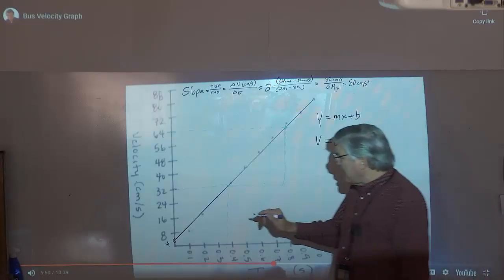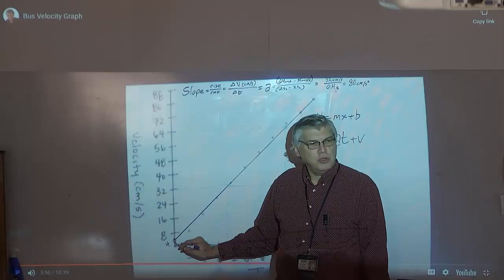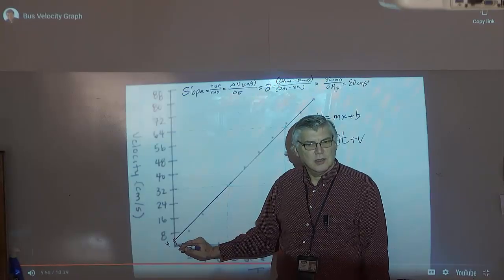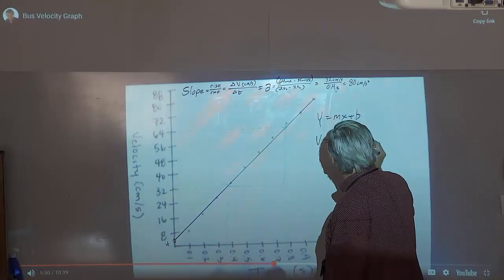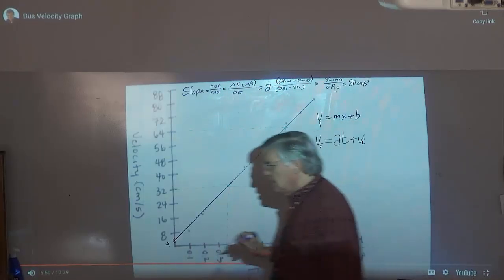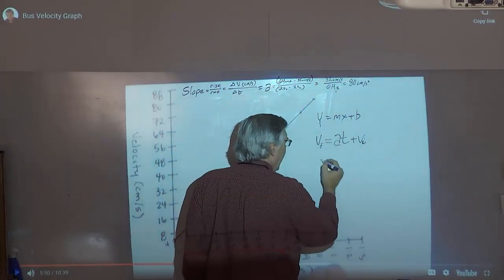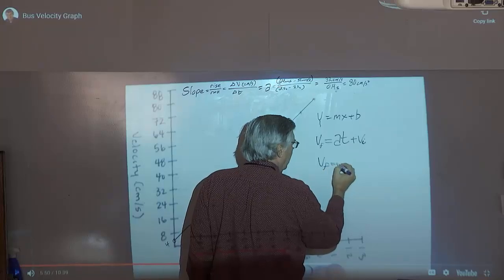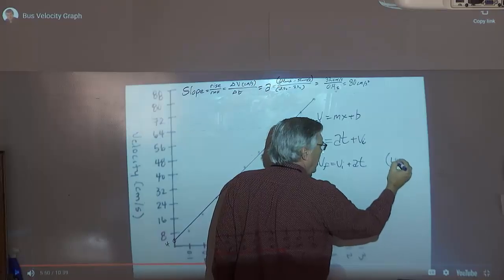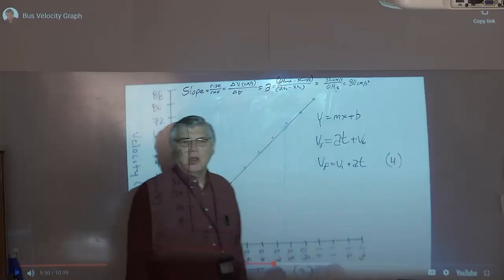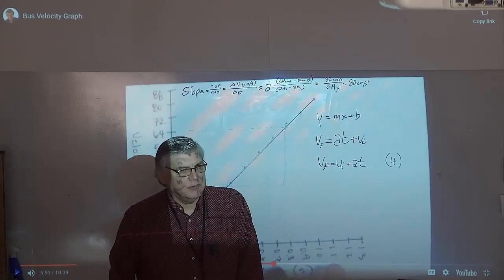So if you had to guess what velocity this is, initial or final, what would you think? Yeah, initial. This is initial velocity. And our calculation is for a final velocity. If you rearrange this equation and put that VI in front, you have VF equals VI plus AT, which is equation number 4 on your equation sheet on page 14.